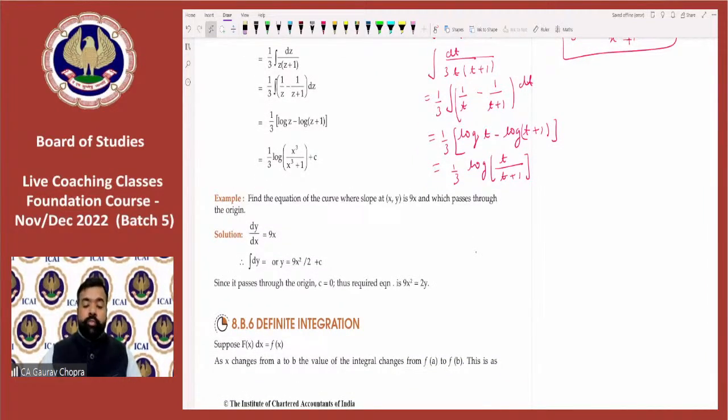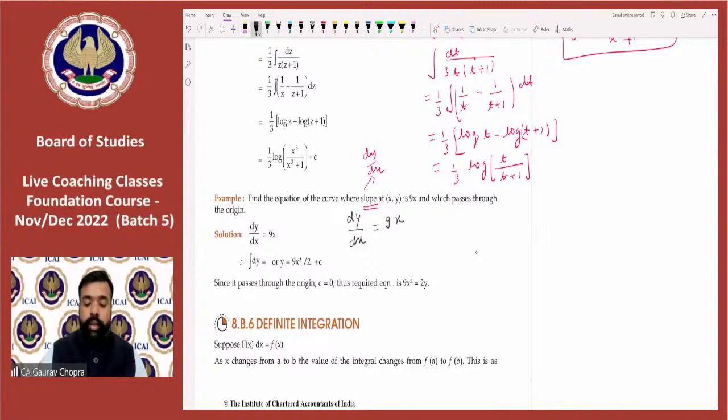Find the equation of the curve where the slope at x comma y is 9x and which passes through the origin. Now, whenever we are talking about slope, slope means dy by dx. So the question gives the value of dy by dx. How much is it? 9x. dy by dx is 9x.